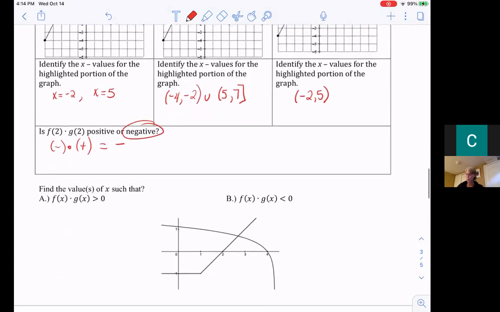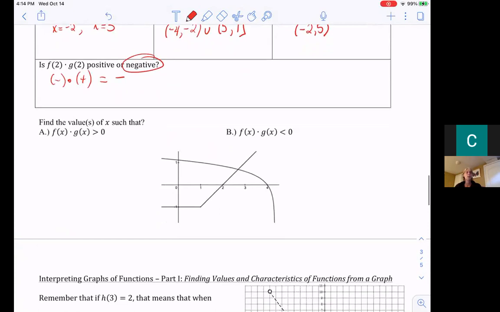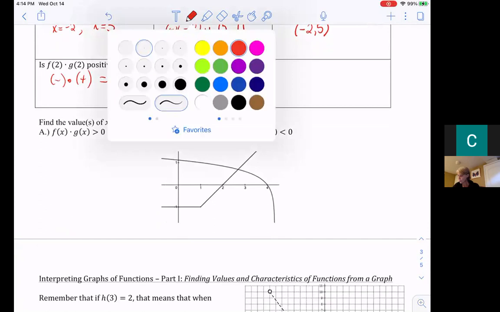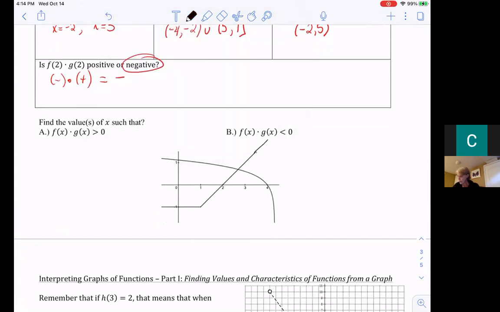Now we're going to use our little picture below. And we want to identify the intervals such that f of x times g of x is greater than 0. Before I move on here, this graph should extend. This graph does go all the way up. There's an arrow.